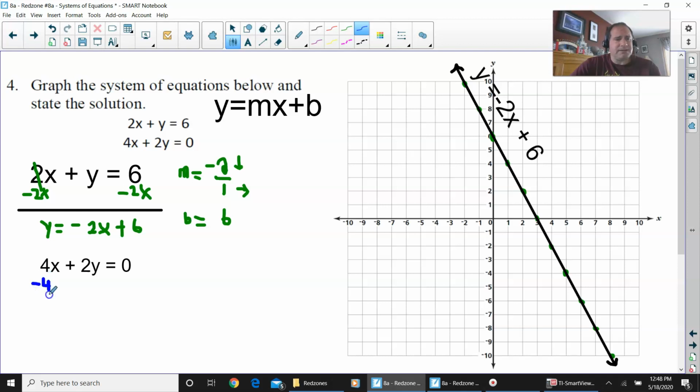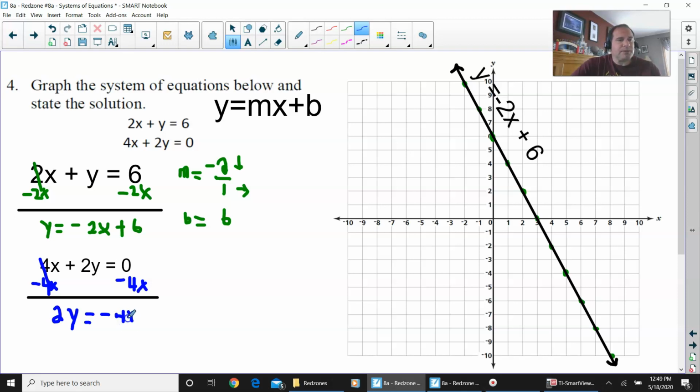It's a positive 4x, so you have to get that onto the right-hand side of the equal sign, away from the side where the y is. Now you cancel out the 4x and the negative 4x. You bring down the 2y and the equal sign, and the only thing left on the right side is what you moved there, the negative 4x.